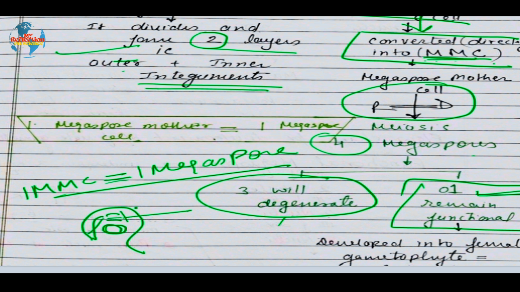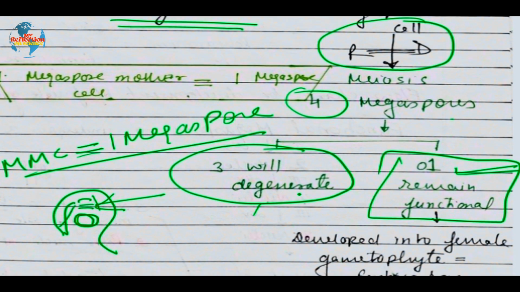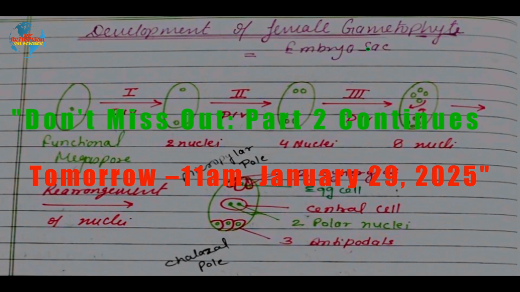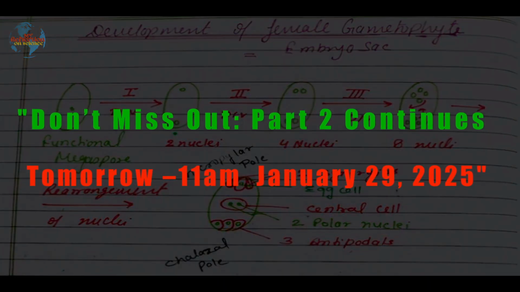We can see this in the NCERT book also, where it is mentioned that these are 3 degenerating megaspores and only one is functional. Let's see what happens with this functional megaspore. So we are proceeding with the next topic, the development of the female gametophyte.